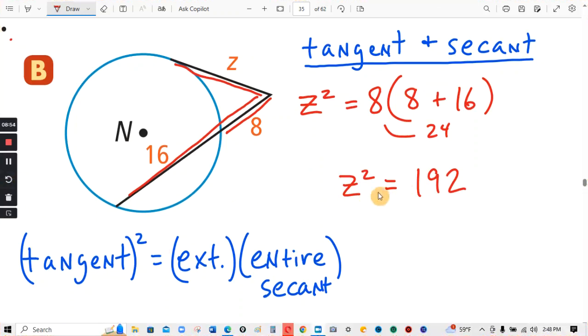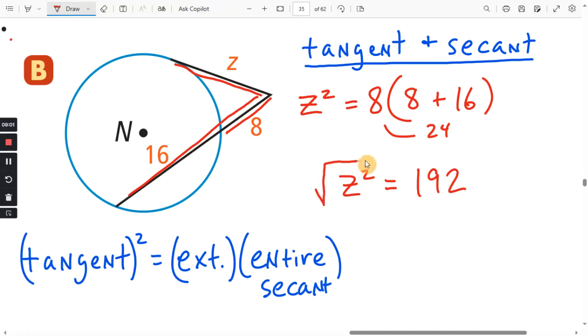All right, in order to undo this z squared, you want to take the square root on both sides. So square root of z squared is z. Square root of 192, I'm going to round off, okay? So I'm going to put these squiggly lines here. That means I'm going to round off. Let's do the square root of 192.